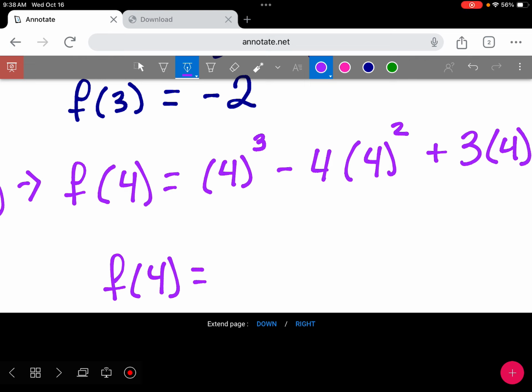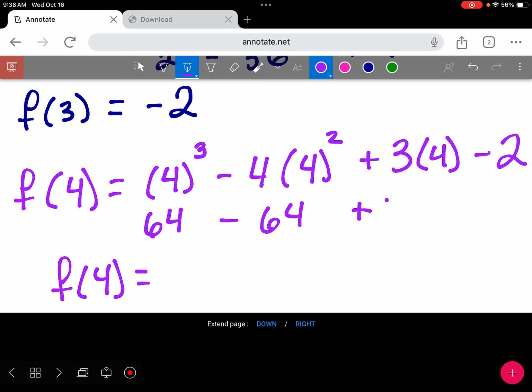How'd you get 38? I think it's 10. I think we dropped a sign somewhere, or dropped an exponent. Because if you do it by hand, it's 64 minus 64 plus 12 minus 2. So we get 10.